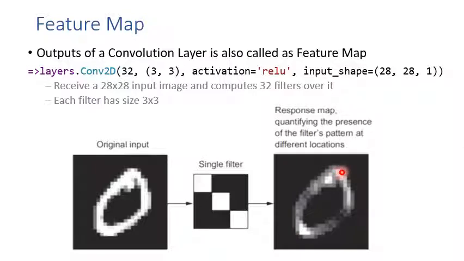Now we can see that we have large responses, the brighter pixels, on the diagonal part of the handwritten digit. So this is how we learn the filters and how the feature map may look.